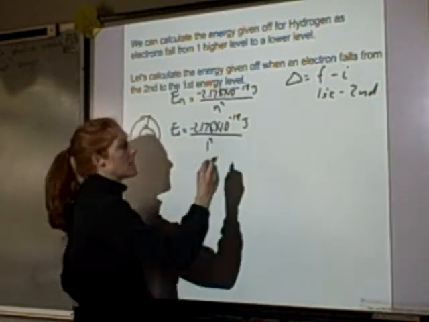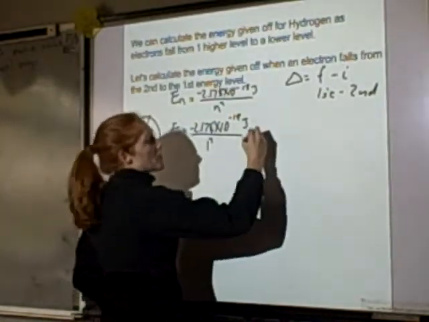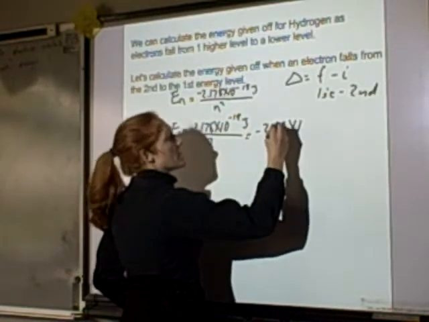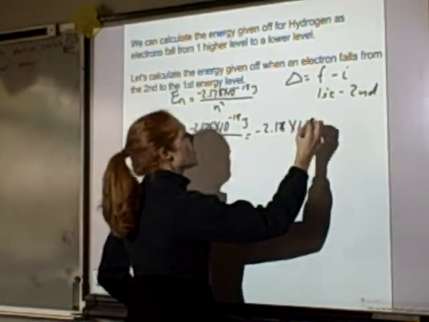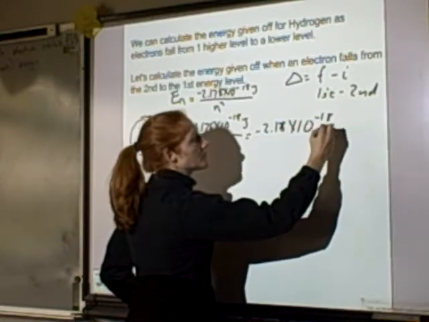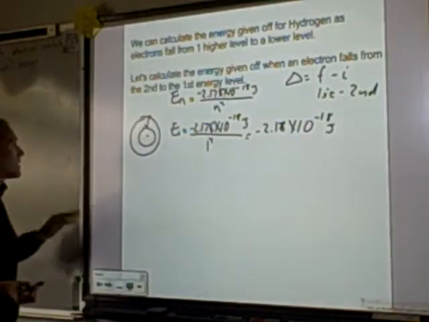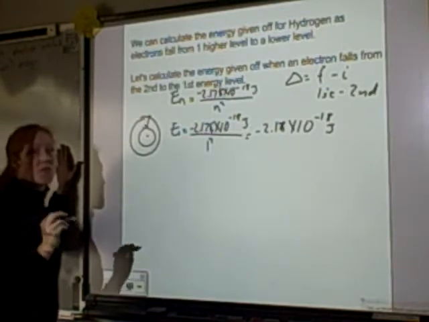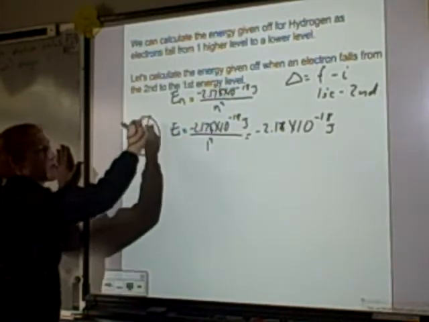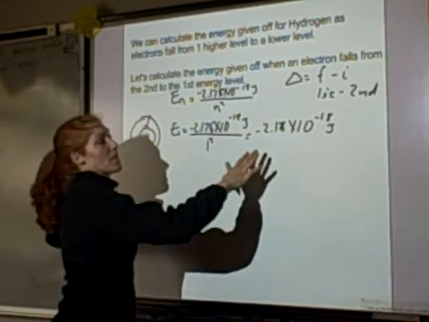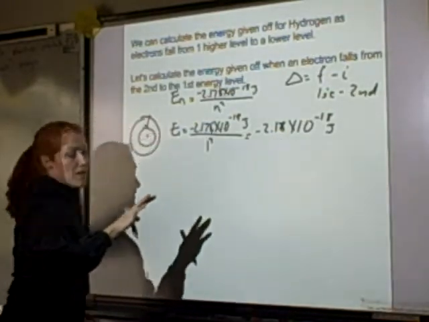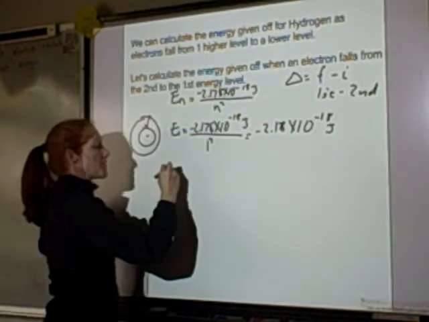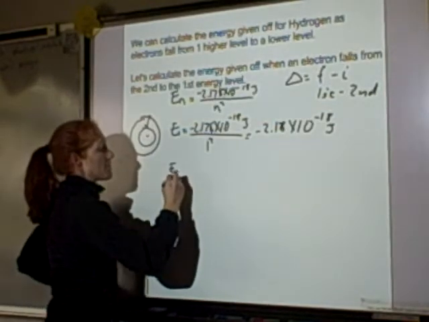So this is easy. The energy of the first level is just negative 2.178 times 10 to the negative 18th joules. And what that means is that is the amount of energy it would take to remove an electron from that first shell. So this atom is missing 2.178 times 10 to the negative 18th joules to have an electron removed. So that's the first level. Let's find the energy at the second level.